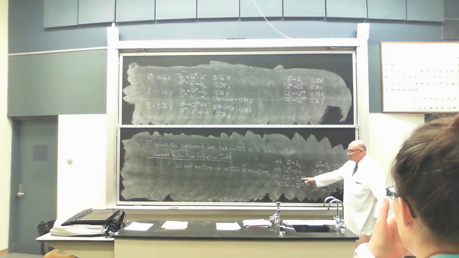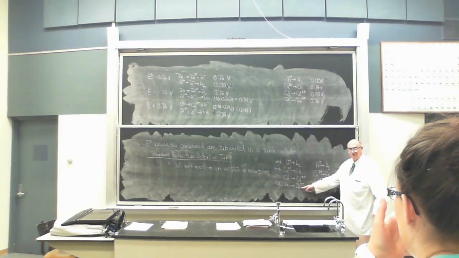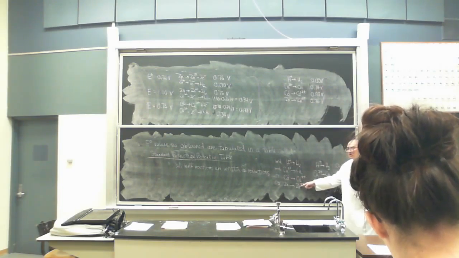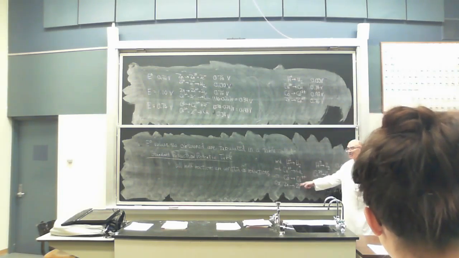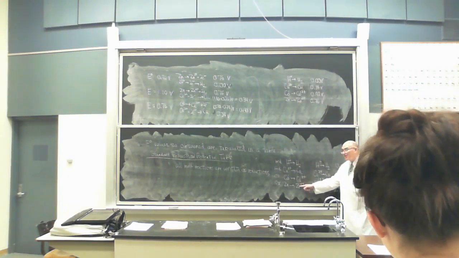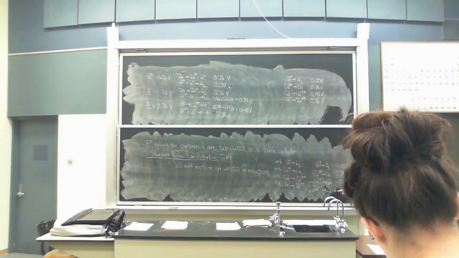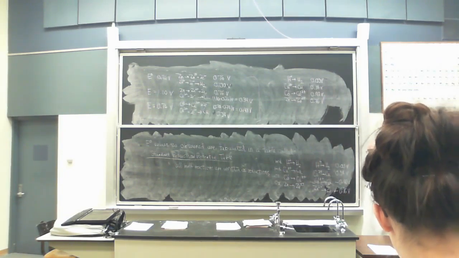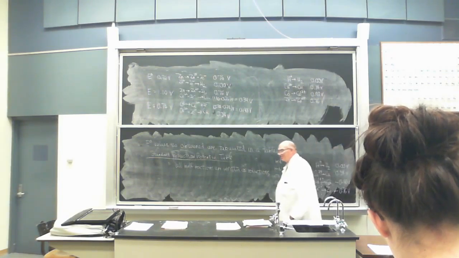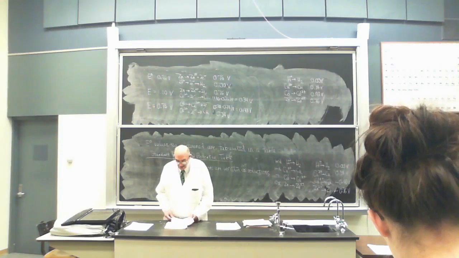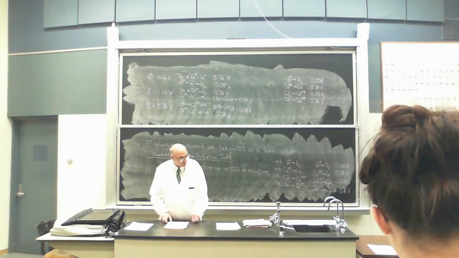Now what did I do? I flip-flopped these two. If I flip-flop them, that changes it from an oxidation to a reduction. If I flip-flop them, I got to change the sign. So now those are the values that you'd find in a standard reduction table.